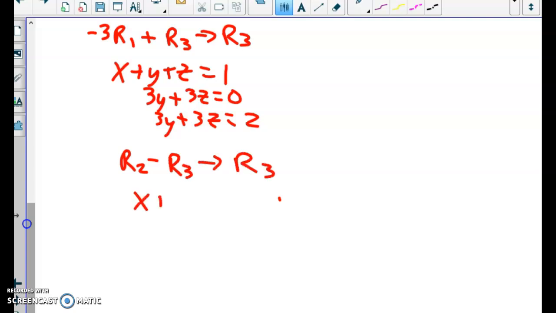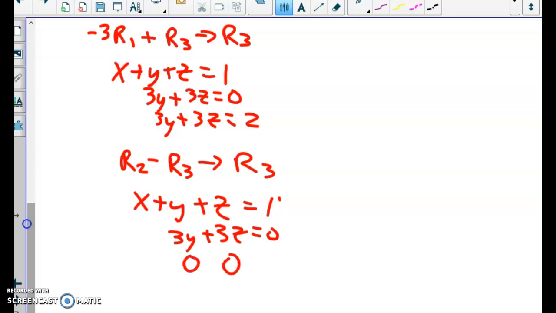So my first row stays the same. The second row is going to stay the same because I'm substituting it back into the third row. And I get 0 there, I get 0 there, and I get negative 2 there. Which makes it seem like there's going to be a problem because I'm going to say that I have 0x plus 0y plus 0z is equal to negative 2. So that seems like there is no solution.